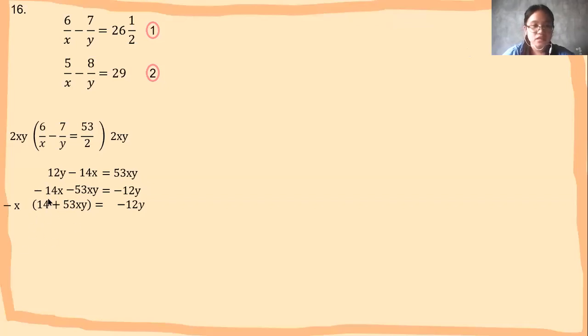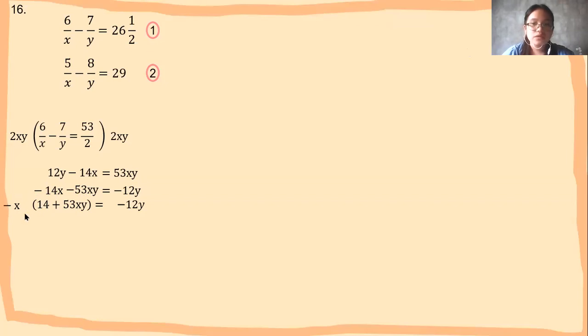So I changed the signs here because I have an error in my slides. So negative 14x divided by negative x will become 14. And negative 53xy divided by negative x will become positive 53y. So this is the factor, negative x.